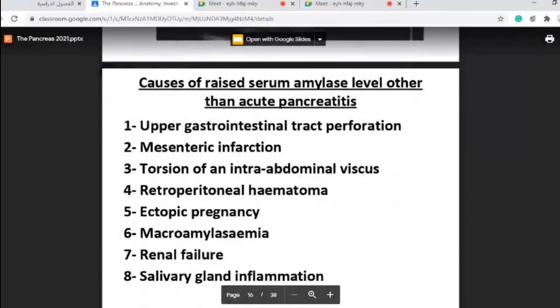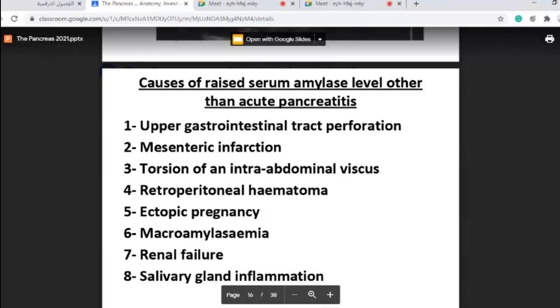We said that also we can send for serum amylase. You know, amylase is one of the enzymes secreted by the pancreas. But elevated serum amylase does not always reflect acute pancreatitis. There are many other conditions that cause an increase in the serum amylase.